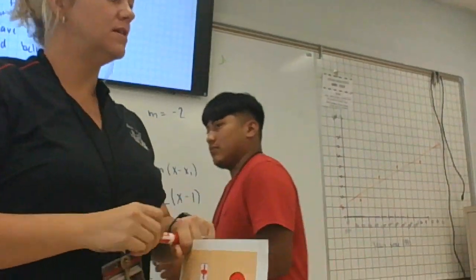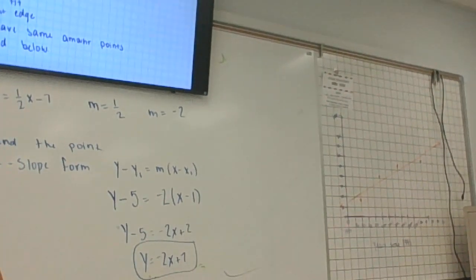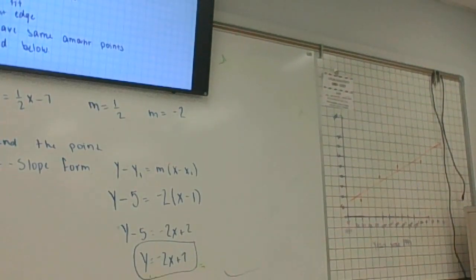No, it doesn't necessarily go through the origin. Your line might. Your line of fit might look different than mine. You know, you're on graph paper, I'm on graph paper. They should be somewhat similar.